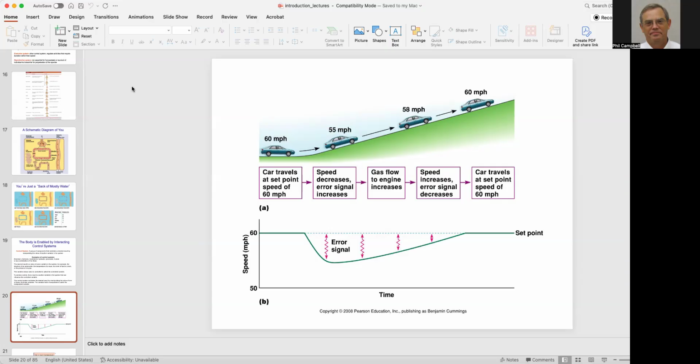There are delays. Number one, you're not paying attention. You didn't realize that you hit the hills until you start slowing down. That means there's going to be a greater delay before you get back up to 60 miles per hour. And those error signals can be, when did you start changing?